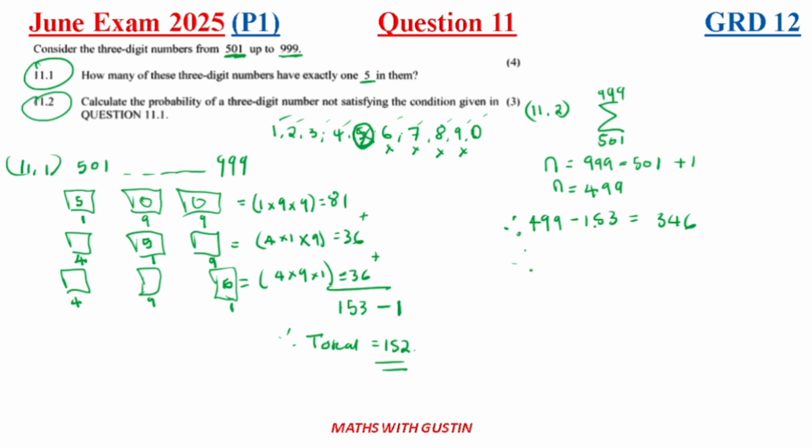So therefore the probability of not satisfying is going to be whatever its total numbers that do not satisfy this condition divided by the total numbers of digit, which gives us 0.693. You can round off there, guys, but that's what it is giving us.